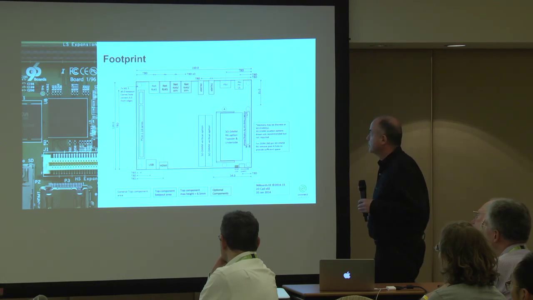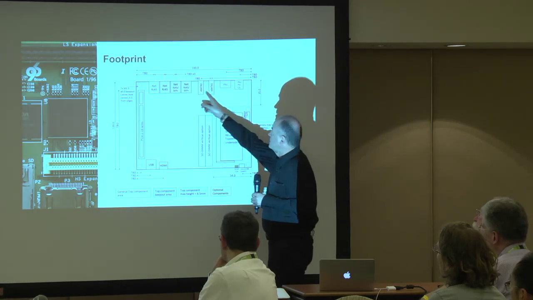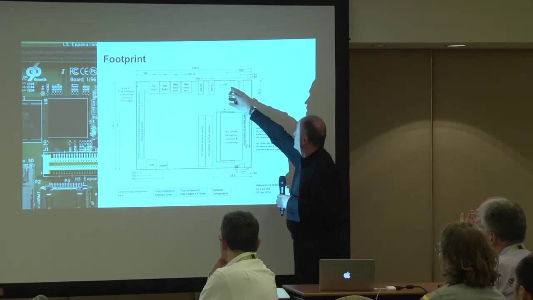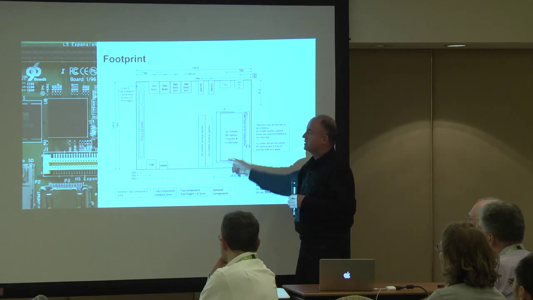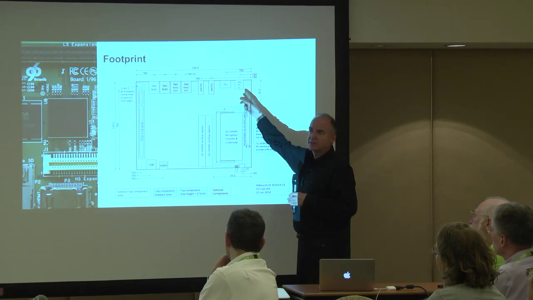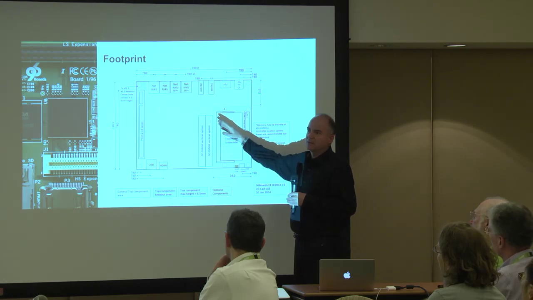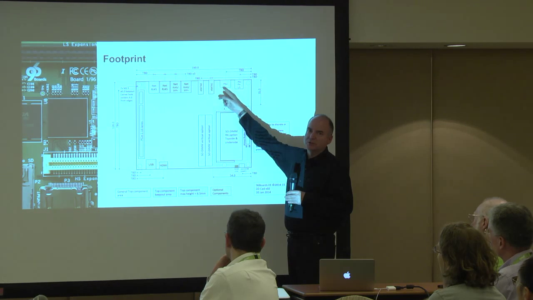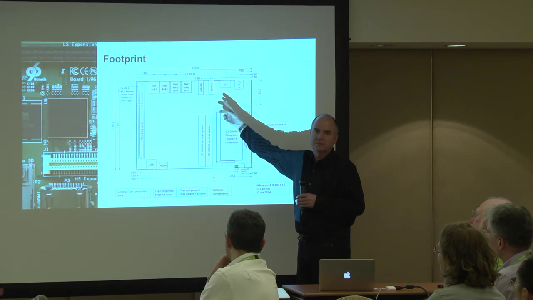The footprint, anything in, this is actually supposed to be orange, is optional. So you've got to have a PSU. There's actually 2 PSU connectors, a low-cost barrel jack for low-cost power supplies if you're under 60 watts. If you're over 60 watts, you can get up to over 100 watts with a special Molex high-power power supply connector here.